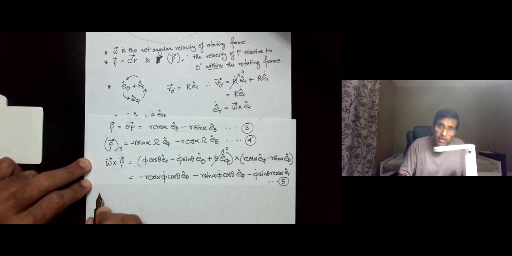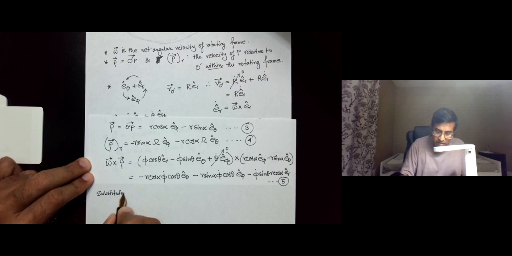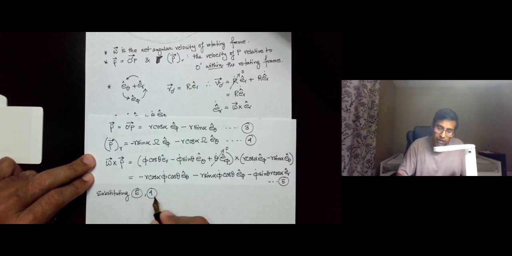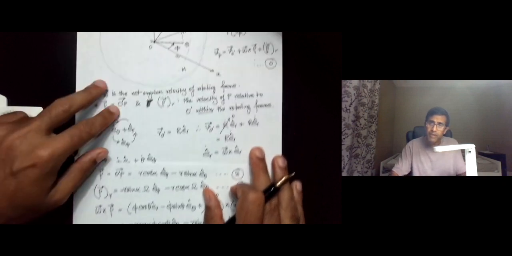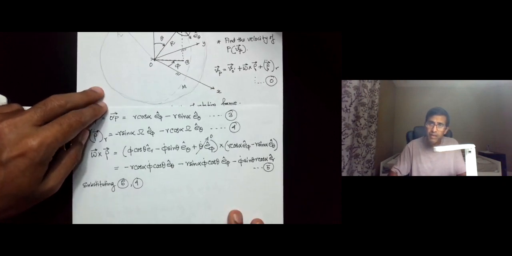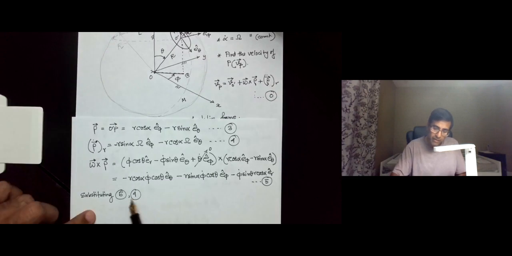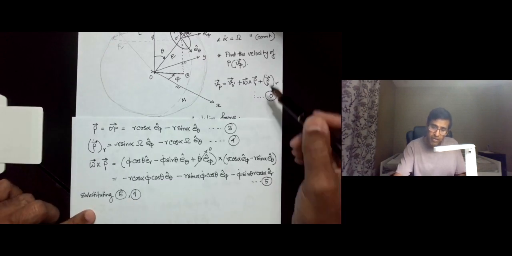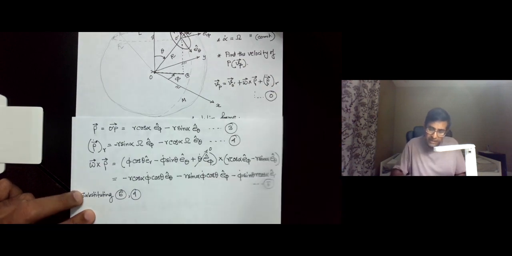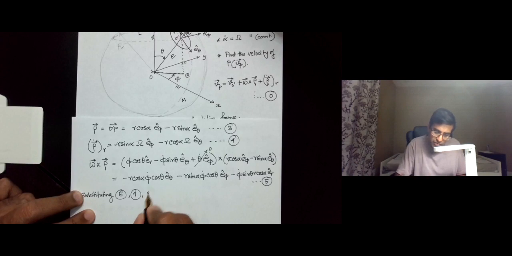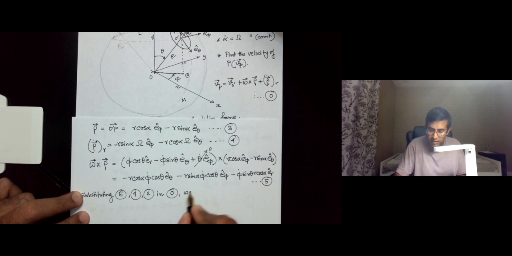So, substituting 5 and 4 will take care of this term and this term, and we just need V O prime, that is equation 2, into equation 0.